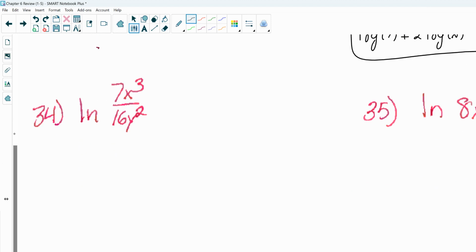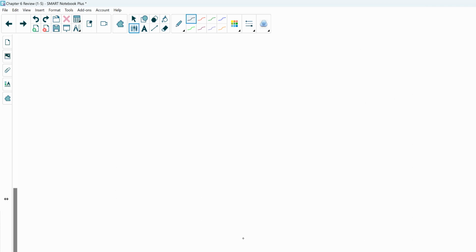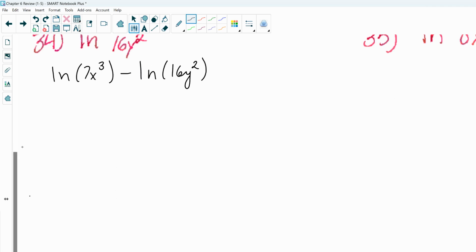34. Again, we have a quotient. We'll start with it. Now, even though it's natural logs, we do the exact same process. Natural log of the top minus the natural log of the bottom. Now, our first one, our product, is going to become natural log of 7 plus the natural log of x to the third. And since both the 7 and x to the third were in the top of the fraction, the sign in front of both of their logarithms stays plus.